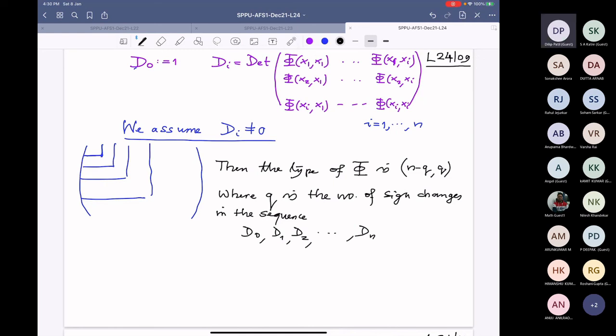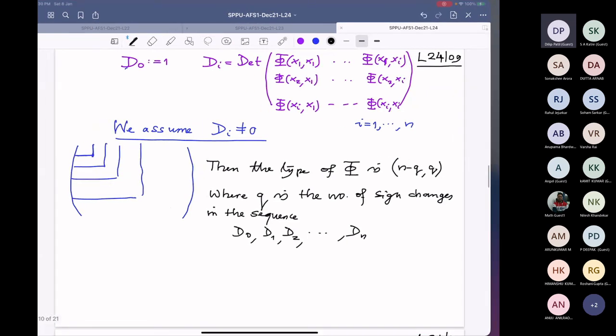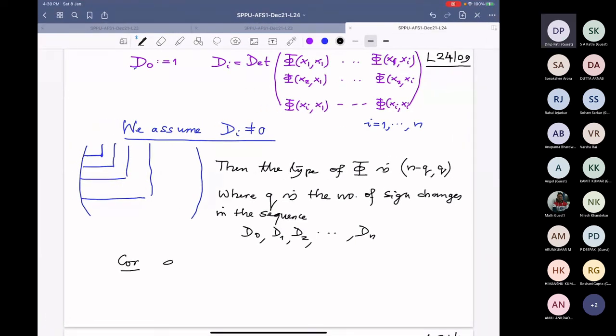So in particular, you can write down when it is positive definite. You can also write down when it is negative definite. So the corollary would be: phi is positive definite if and only if all Di are positive.